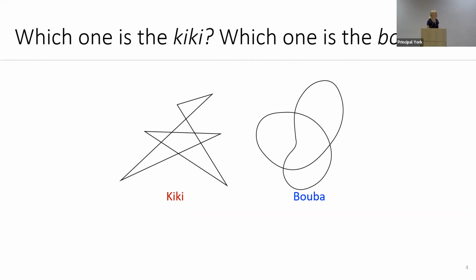So certain sounds, like the ones in Kiki, can evoke sharpness, and the phonemes in Boba can evoke round shapes. This is also known as the Takete-Maluma effect, and people have shown this not just for shapes, but for size, for affect, for ice cream flavors, for Pokemon names, all kinds of stuff.